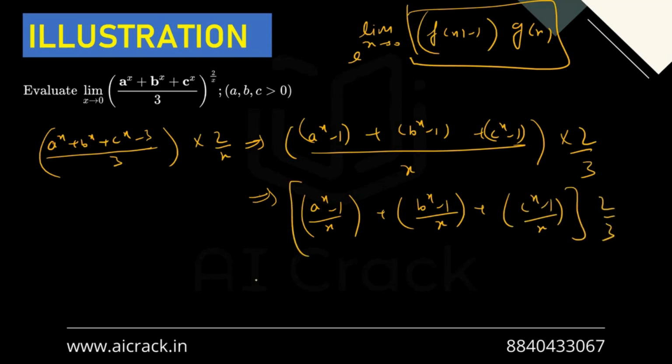Now if we take the limit, this would be a standard limit, that is ln a, this is ln b, and this is ln c, multiplied by 2 by 3. Now if we use the log properties over here, we'll be getting 2 by 3 ln abc. Now 2 by 3 can be raised to the power over here because of the log property. Once again, we're getting ln (abc) raised power 2 by 3.